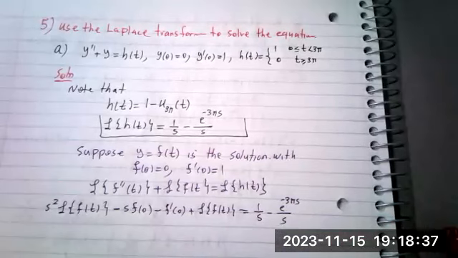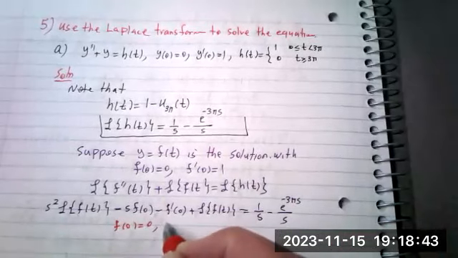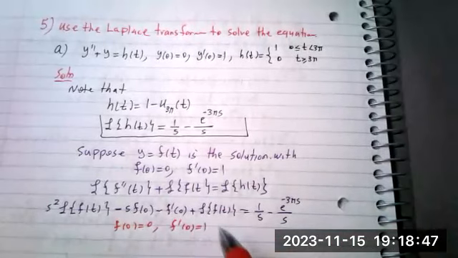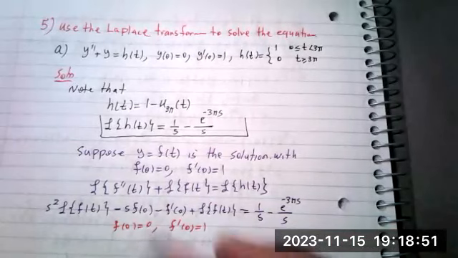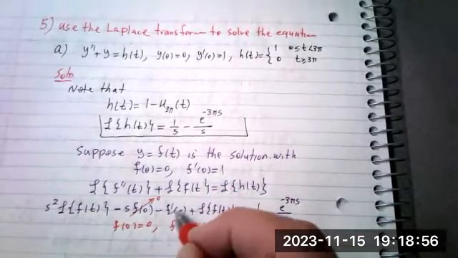So apply your initial conditions. f of 0 is equal to 0, and f prime of 0 is 1. So this part will disappear; this would be 0, and f prime of 0 is 1.